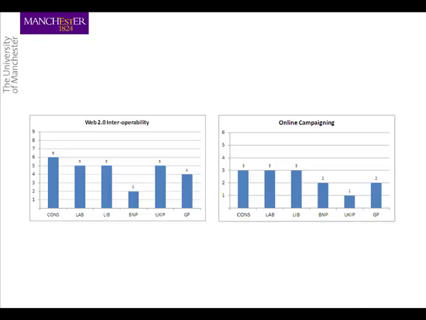And what we found, so this is just looking at the same parties using those same indices, just to give you the results. And you can see actually that in some ways they're not that dissimilar. It's not as if there's a huge divide between the major parties and the minor parties on the Web 2 front.